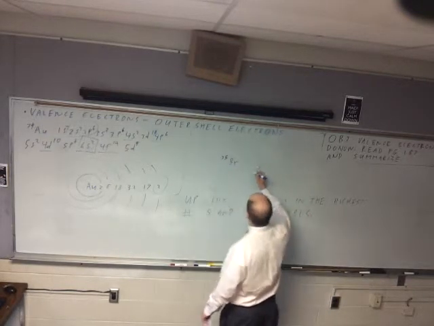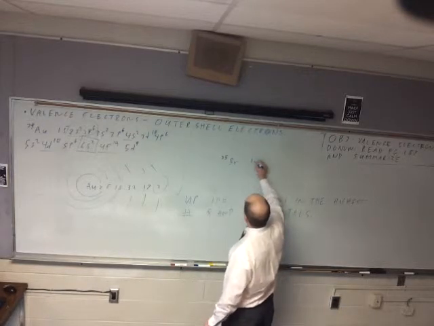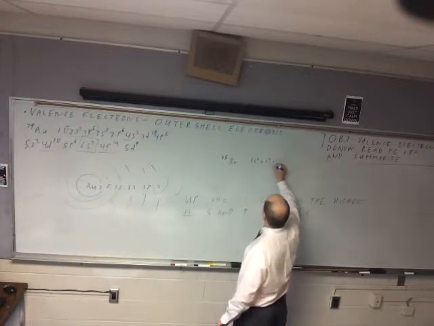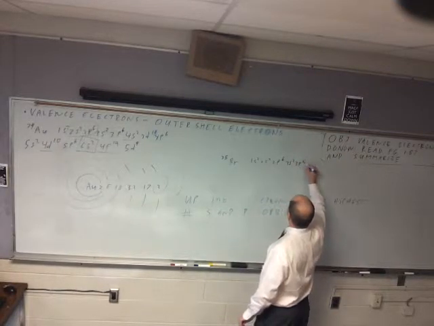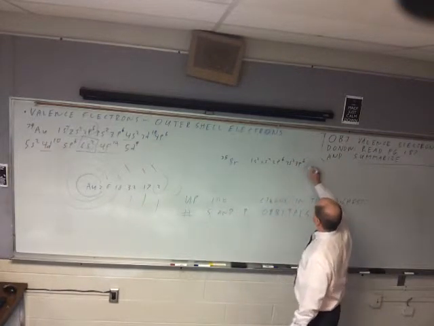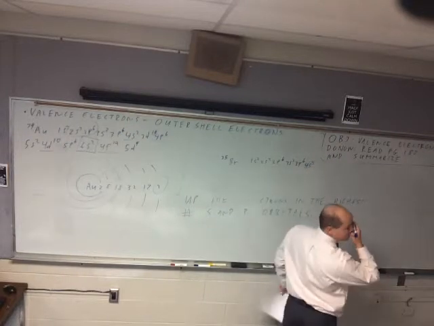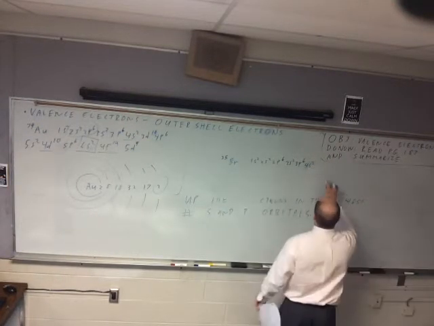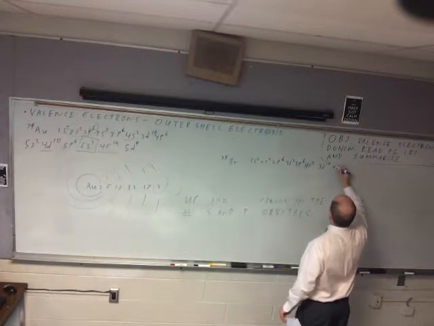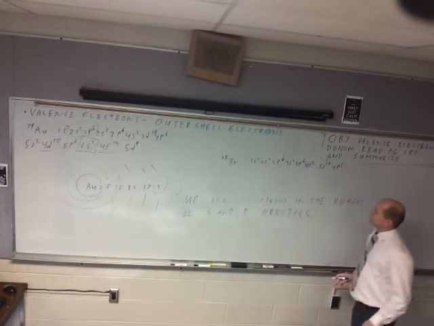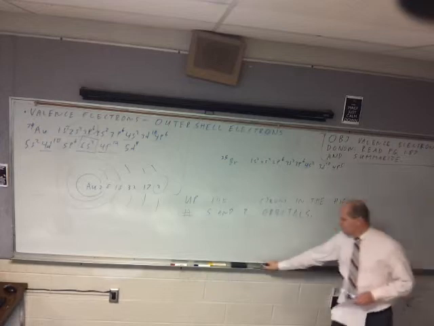So bromine will be a little bit easier to do. 1s2, 2s2, 2p6, 3s2, 3p6, 4s2, 3d10, and 4p5. There we go. So short.